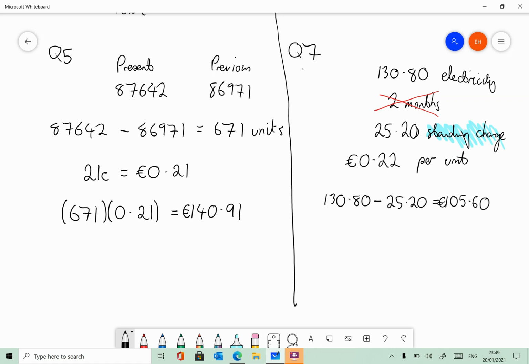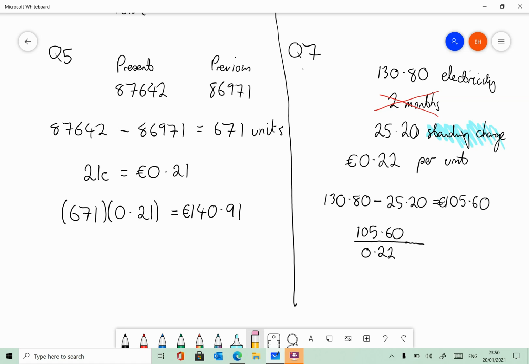Well, that sounds like division. So I'm going to divide 105.60 by 0.22. And we can do this because this is in euro and this is in euro. I could not divide the cent price, the 22 cent in. I need to divide in the euro price.